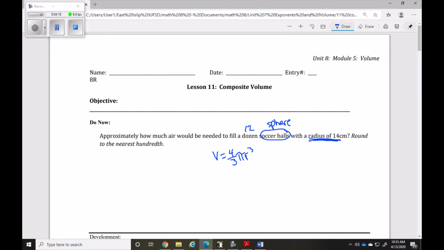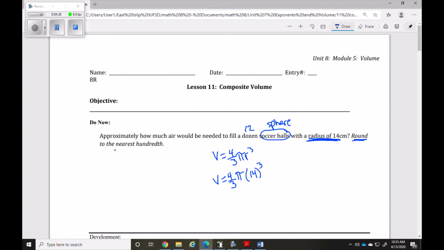And it's telling us that the radius of one of the soccer balls is 14 centimeters. So I know in place of the r, I'm going to use a 14. So when I use this formula, really I'm finding the volume of one soccer ball.